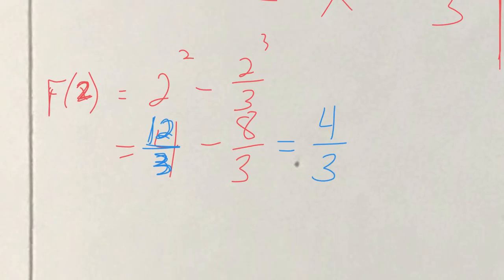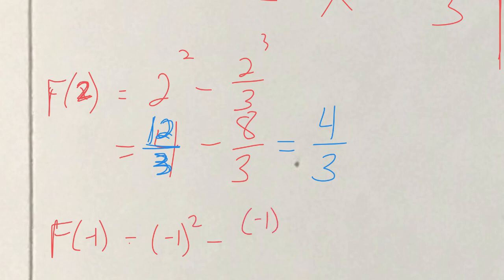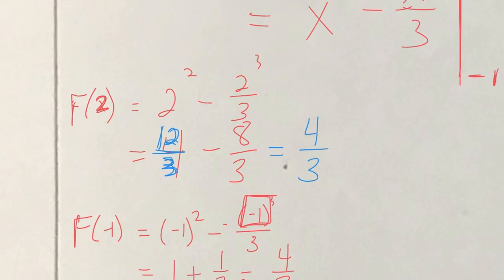Now we're going to evaluate f at -1, which is (-1) squared minus (-1) cubed over 3. So (-1) squared is +1. This is a -1 on top times a negative, which is plus 1/3. 1 plus 1/3 is 4 thirds.